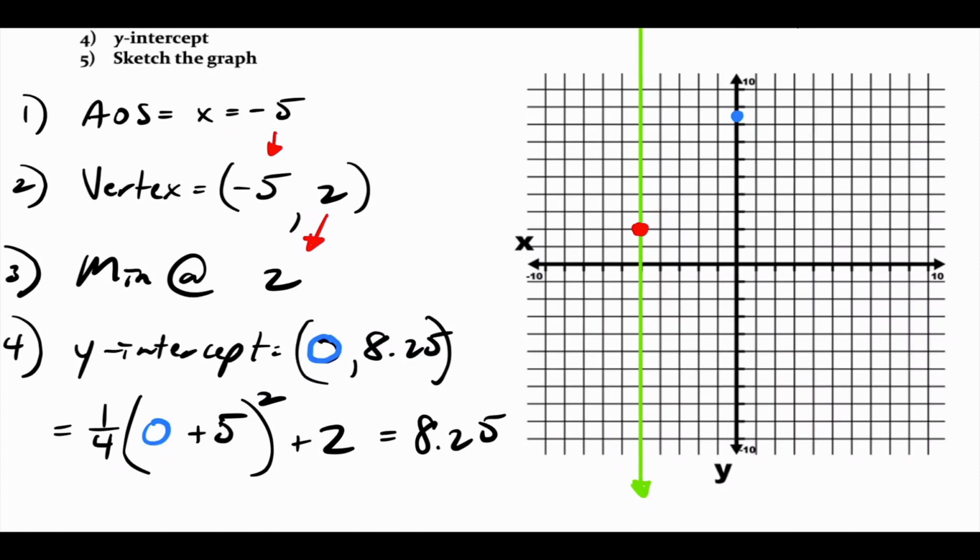Well, it's got a mirror on the other side. So I got to figure out how far that blue dot is away from the mirror line. 1, 2, 3, 4, 5. So another 5. 1, 2, 3, 4, right there.